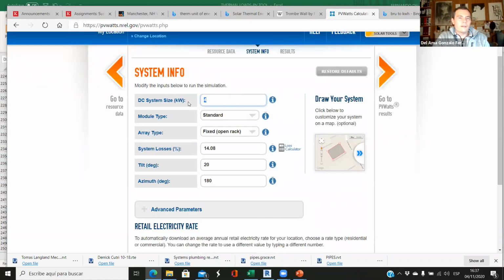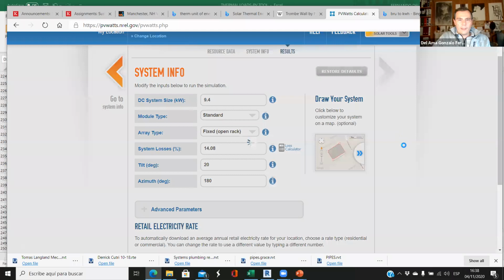If we are using a DC system size of, I don't know, 9.4 kilowatts, whatever, depending on your roof area, the angle of the panels. We looked at this on Monday.